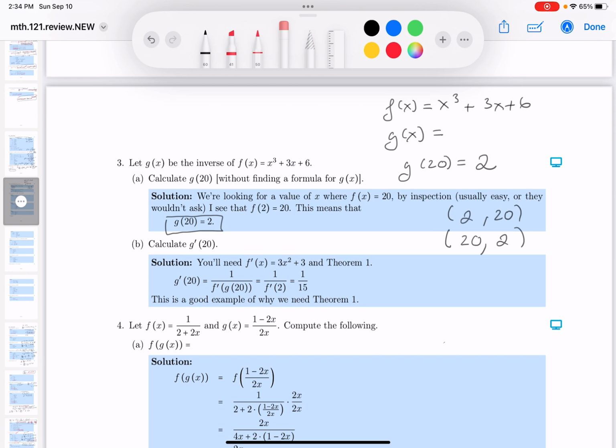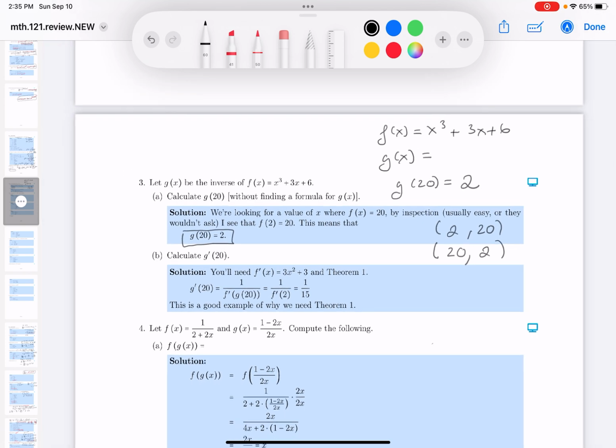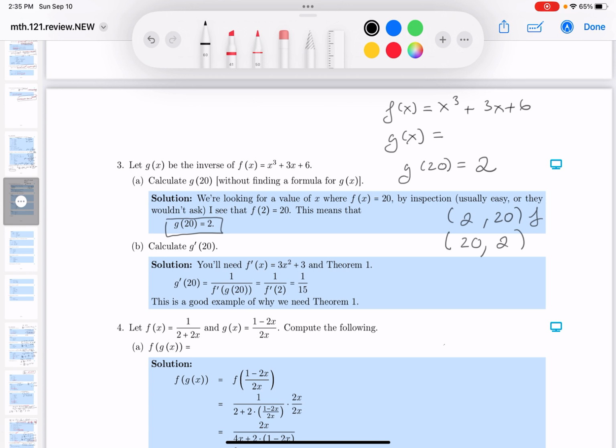Before I do it, I want to talk about what they're asking for. They're asking for g prime at 20. I'm looking at this over here, and this is f, and this is g. I'm going to look at f first, by the way. I'm going to write f prime down.